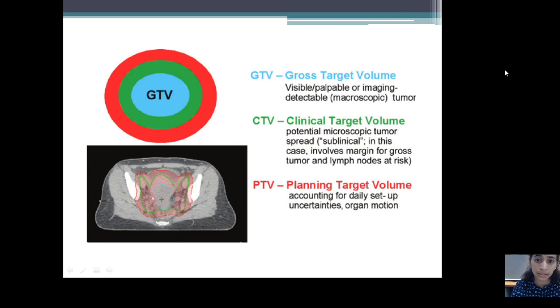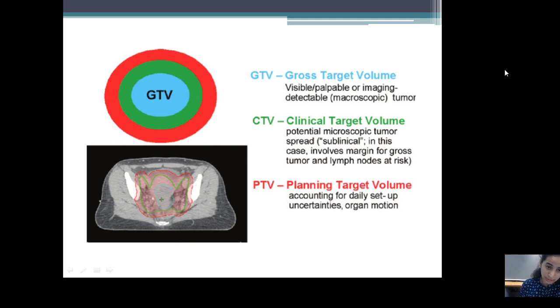And then CTV, the clinical target volume, is the potential microscopic tumor spread, which we can also call micrometastasis which can be present. Usually we keep a 1.5 to 2.5 margin for the CTV. Then PTV is the planning target volume. It accounts for the daily setup uncertainties or organ motion.